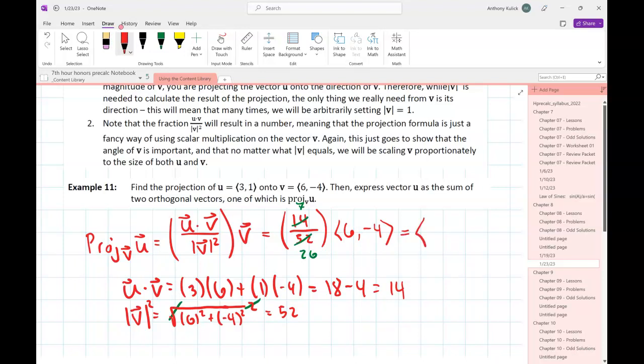So 7 over 26 times 6 is just going to be 21 over 13. I reduced as I multiplied. And then 7 over 26 times negative 4 is going to be negative 14 over 13. Again, I just reduced as I multiplied. So there's my vector for the projection of u onto v.